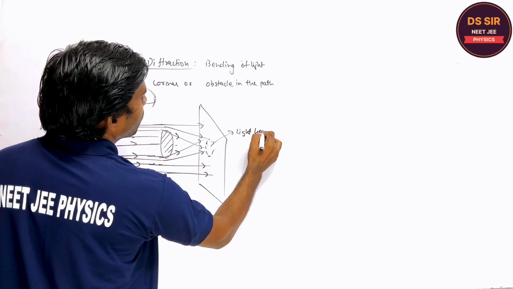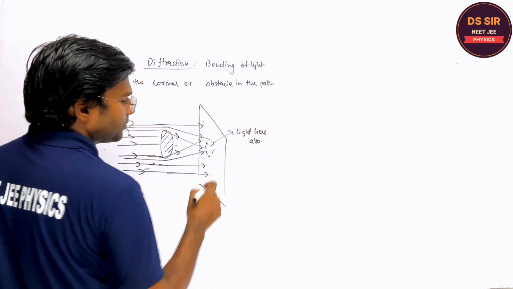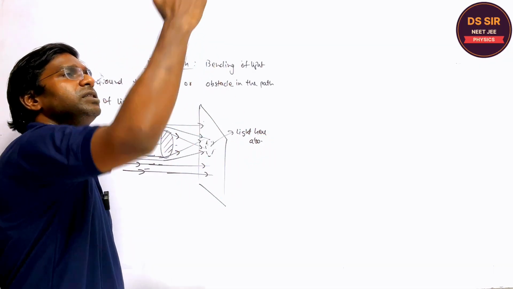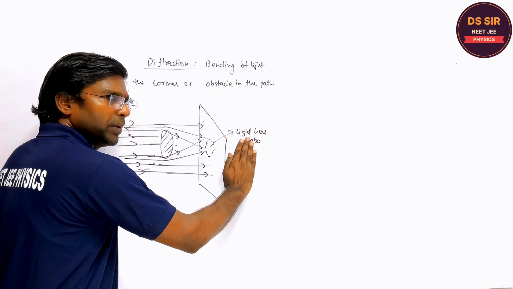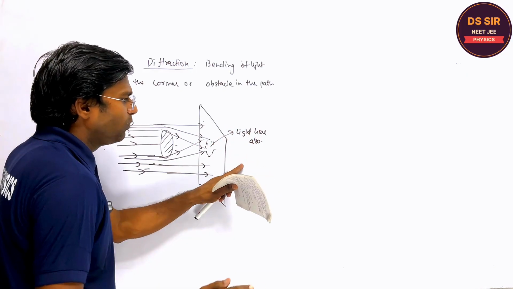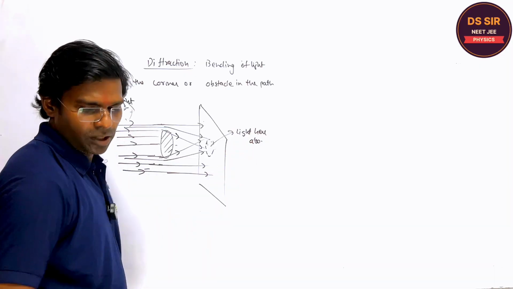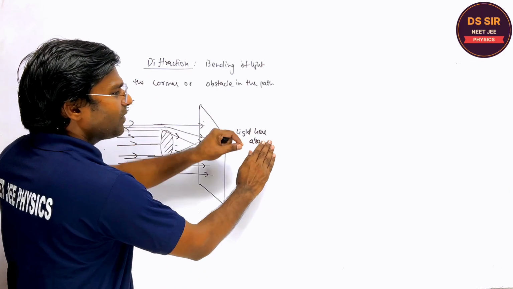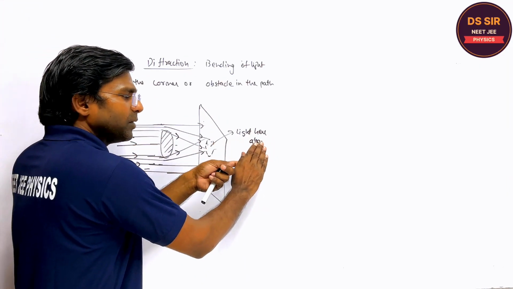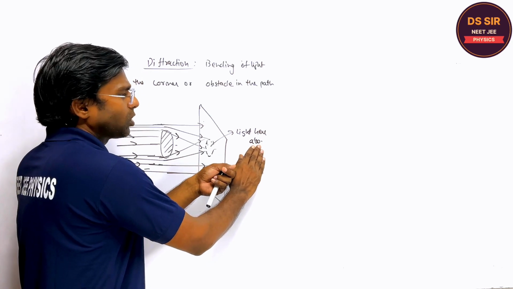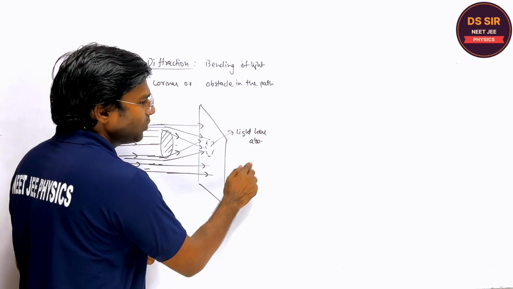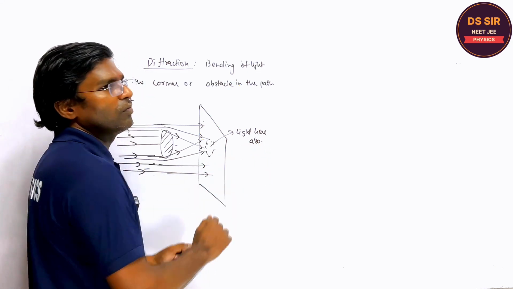Light, light here. Are you getting or not? For example, if you consider this the tube light, if I put my hand, you will get the light just behind my hand also. Why? Because when the light rays are coming, they are bending around the corner of my hand. So therefore the light is also reaching over there.